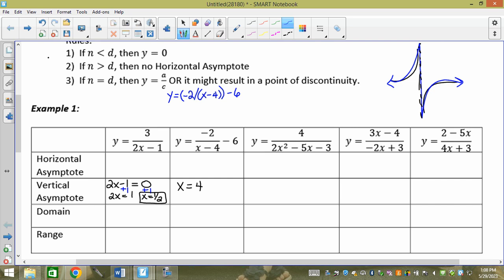Everyone type this one in. 3 divided by 2x minus 1. Remember, if you have the old calculators, that 2x minus 1 is still in brackets.